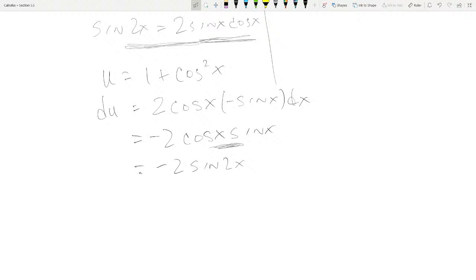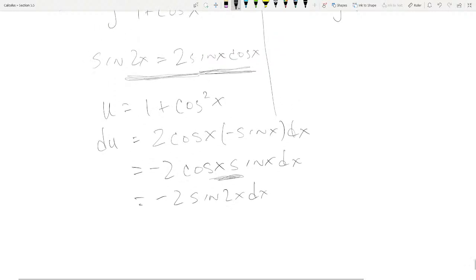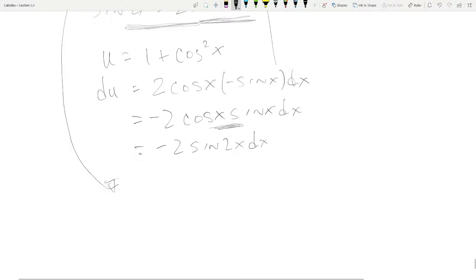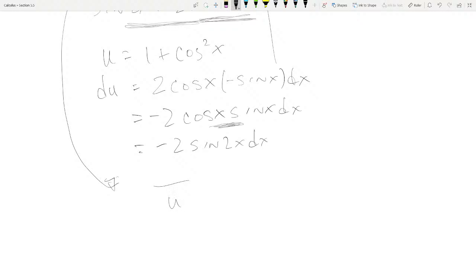Okay, well, now that I see that, then I can do my substitution here. This integral here, let's re-show it. So I have sine 2x over 1 plus cosine x. On the bottom, I have 1 over u, because I picked u to be that.